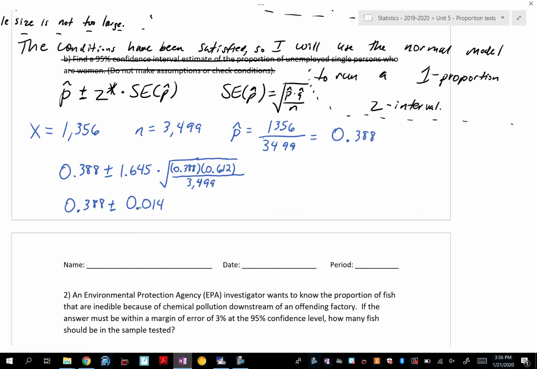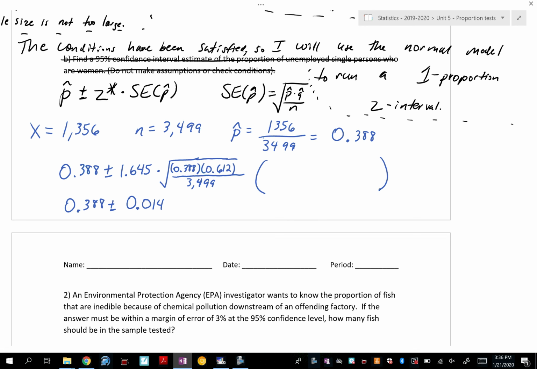All I did was I just did this in my calculator and got that. Again, I don't have to see this. It's nice because I can see the margin of error. So you can just leave it as the whole thing? Yeah, you can leave it like that, but then I need the answer in the parentheses, because I'm looking for the interval. This is just the algebra, like typing it out.